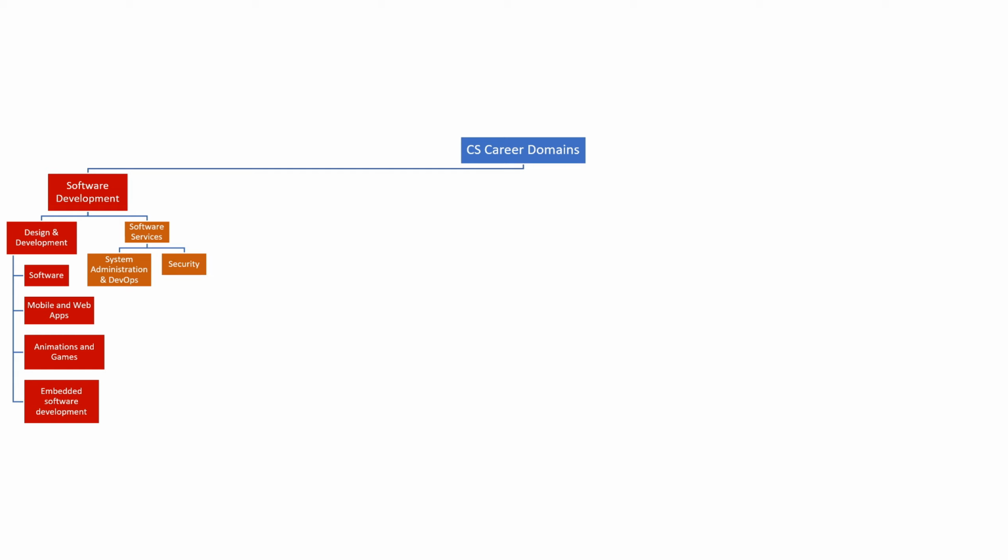Under software services, we have security. Primarily, security revolves around achieving compliance for a specific standard. For example, let's say you are providing software services to an organization that does payment processing.